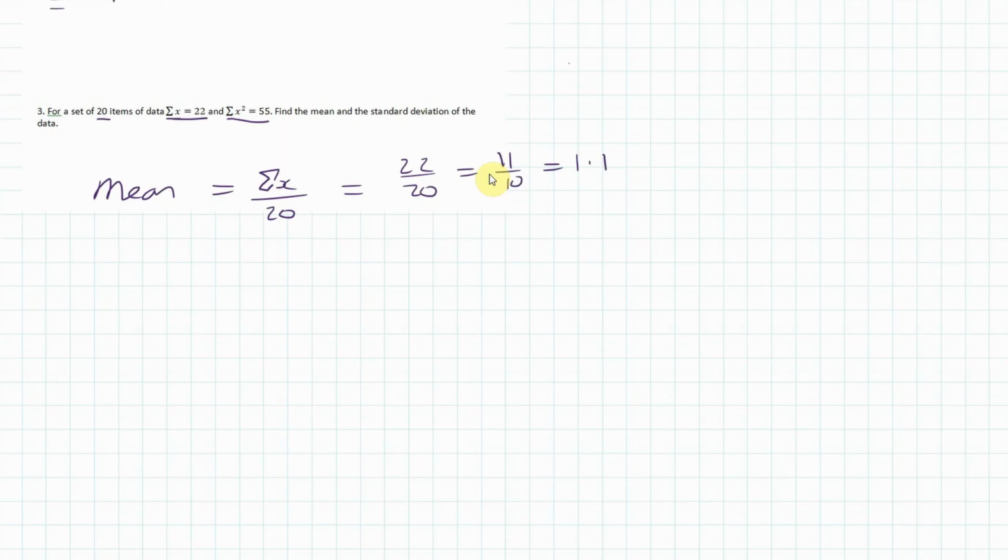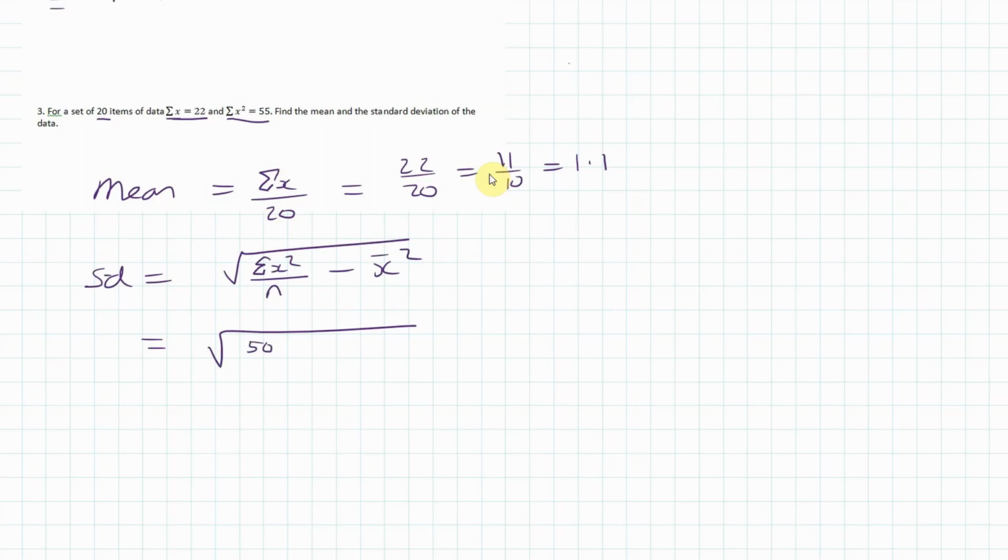Okay, now the standard deviation is equal to the square root of the sum of x squared over the number of items of data, subtract the mean squared. Now in this case, the sum of x squared is 55.